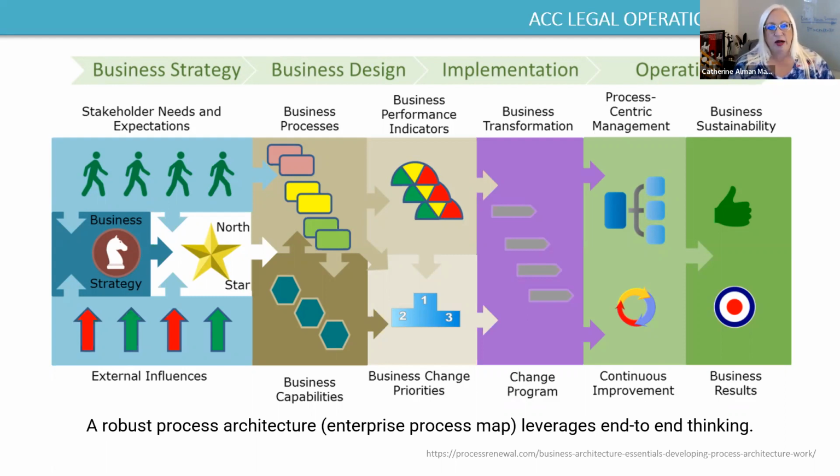And we're connecting from business strategy all the way to where we live in our SIG, in implementation and operation. That means the design piece and the build piece has to serve as the bridge between where we start with strategy and where we end up with operations.